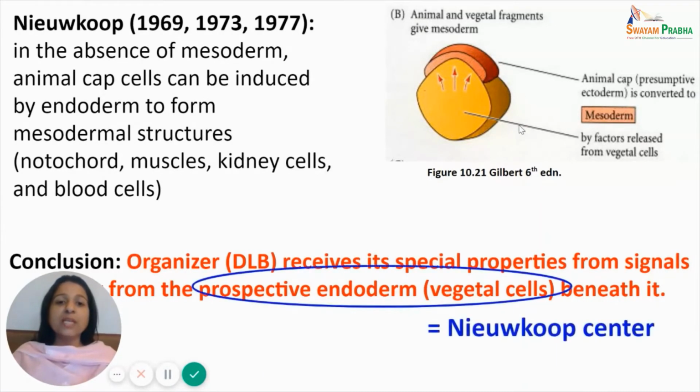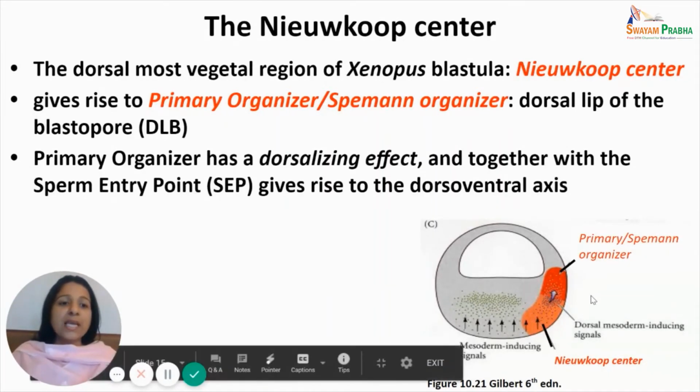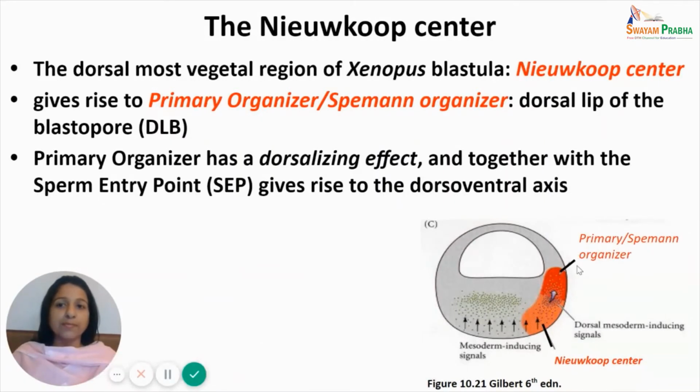And these prospective endodermal or vegetal cells were named the Nieuwkoop center. The Nieuwkoop center is present in the dorsalmost vegetal region of the Xenopus blastula. This Nieuwkoop center sends the dorsal mesoderm inducing signals, which give rise to the primary organizer or the Spemann organizer, which is the dorsal lip of the blastopore in the Xenopus blastula.